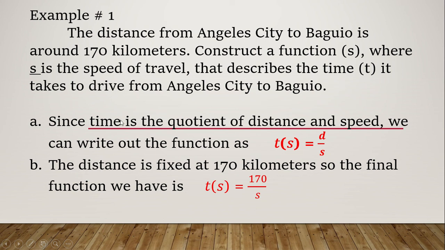First, since time is the quotient of the distance and the speed, the function is T of s is equal to distance over speed. For letter B, the distance is fixed, so we have 170 kilometers. So the final function is T of s is equal to 170 over s.